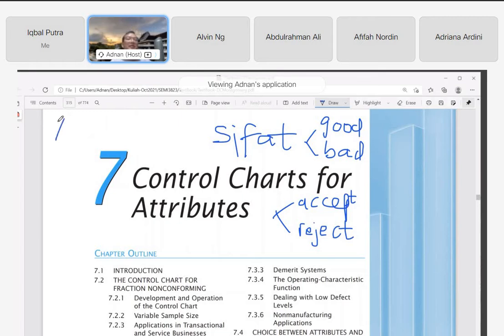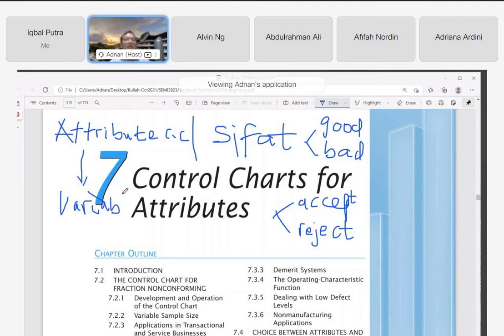You start with attribute because attribute is a simple control chart, and then we move on. So this is what some companies are doing, and they use the attribute control chart because it's cheaper to implement, and then they move to the variable control chart.